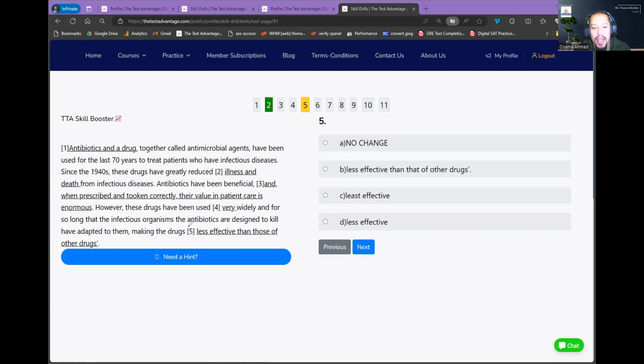No answer, huh? Anyway, look at number 5. However, you have to read from up here. These drugs have been used so widely and for so long that the infectious organisms, the antibiotics are designed to have adapted to them, making the drugs, انت تاني عمر answer A, less effective than those of other drugs.